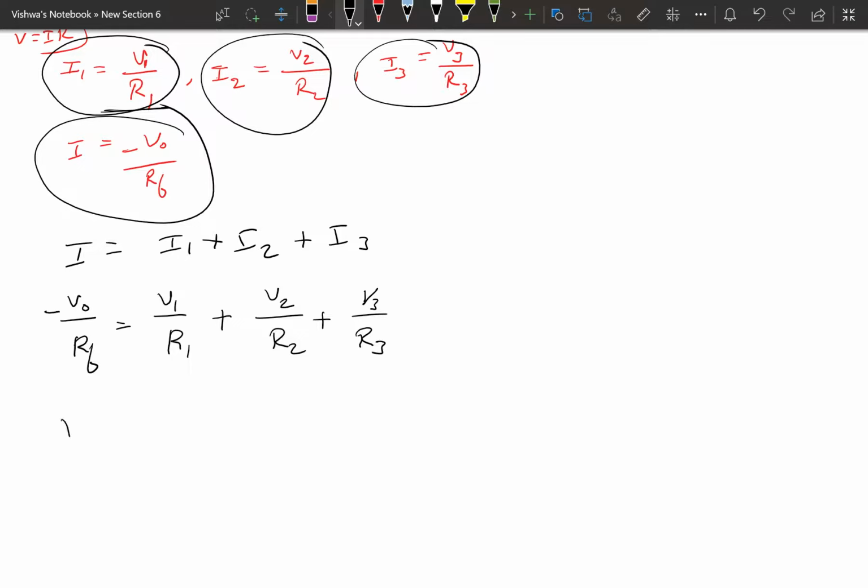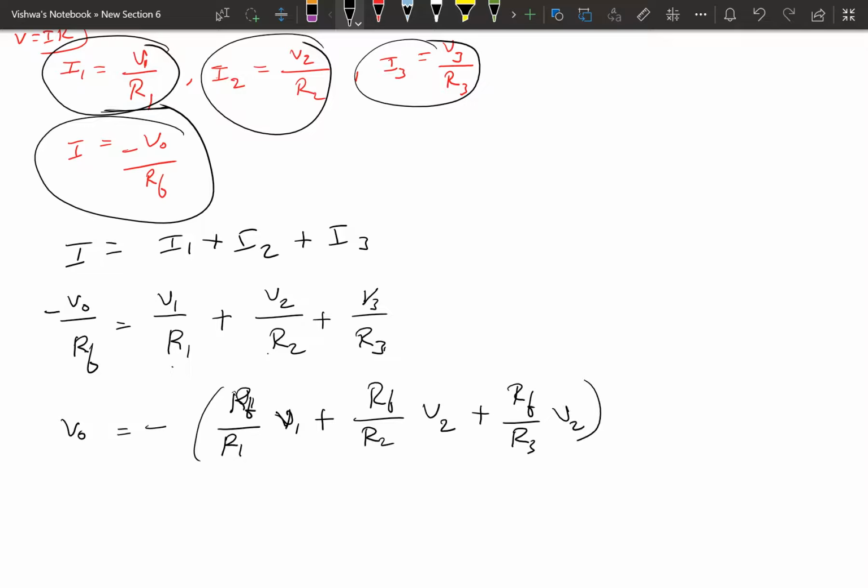So Vout is equal to minus of RF, since RF is multiplied with all these 3 terms, RF divided by R1 into V1 plus RF divided by R2 into V2 plus RF divided by R3 into V3. So this is the output voltage of the summing amplifier.